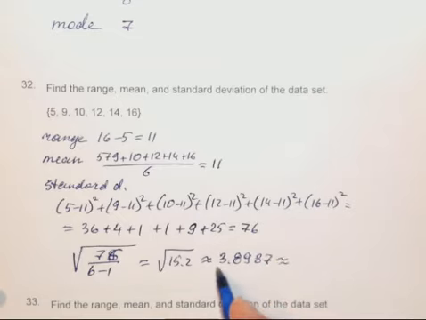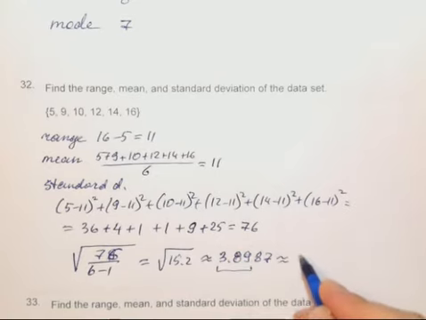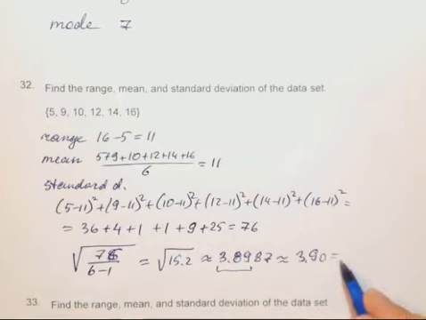We want to have 2 decimal places, so we round. If we have 8 here, rounding up will be 10, so we must change to 9. 3.90 or 3.9 is the standard deviation.